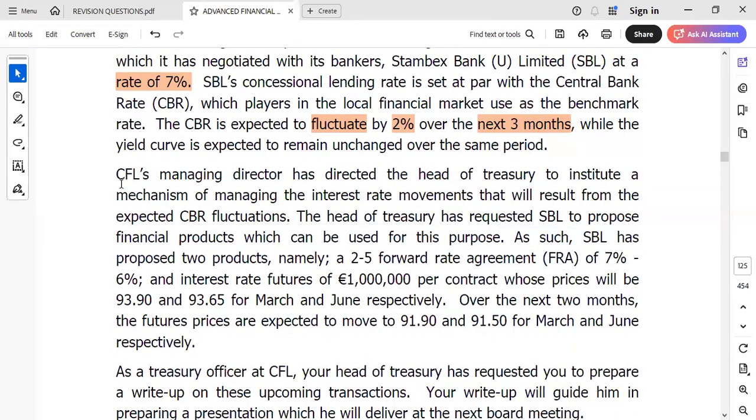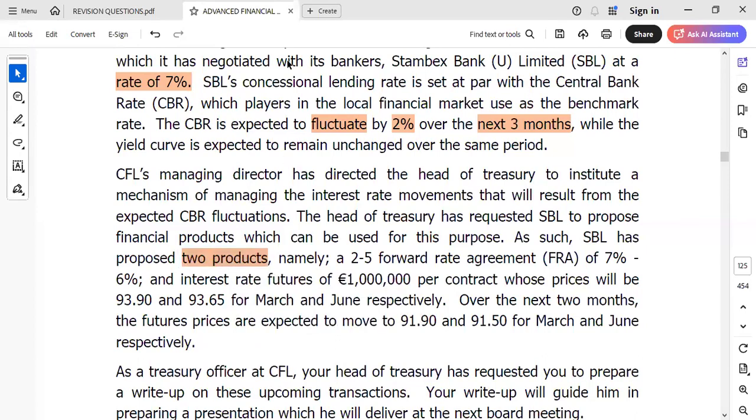CFL's managing director has directed the head of treasury to institute a mechanism of managing the interest rate movements that will result from the expected CBR rate fluctuations. The head of treasury has requested SBL to propose financial products which can be used for this purpose. As such, SBL has proposed 2 products.